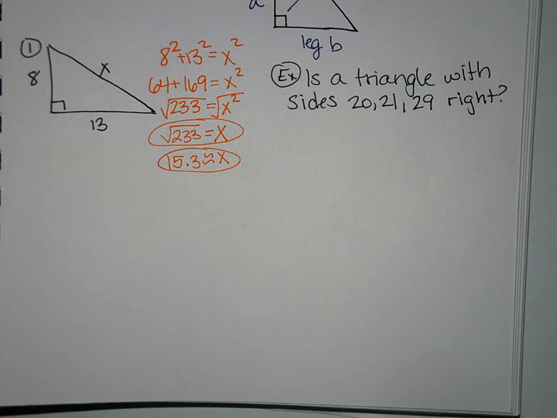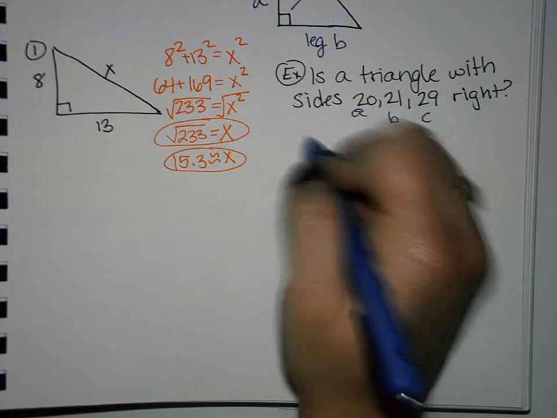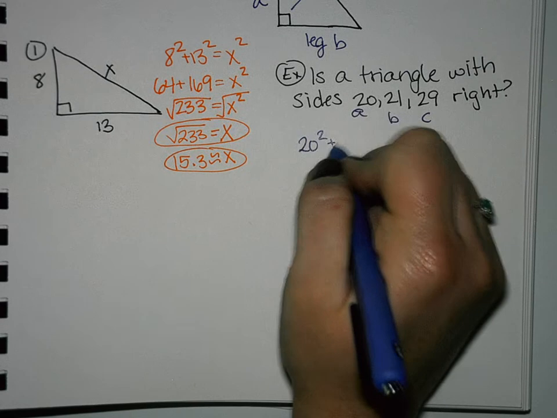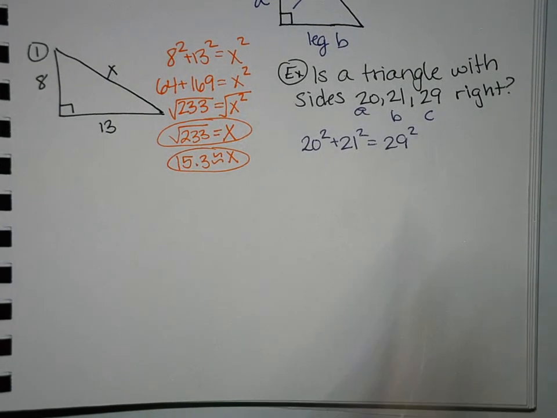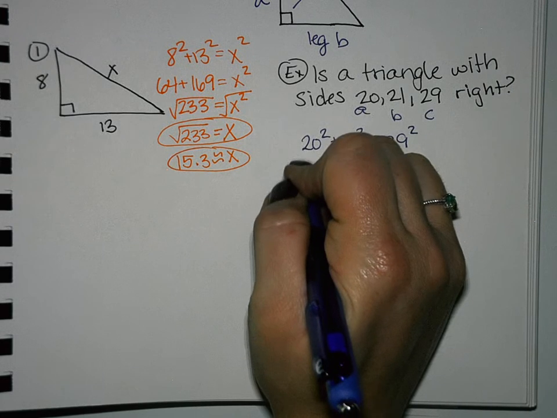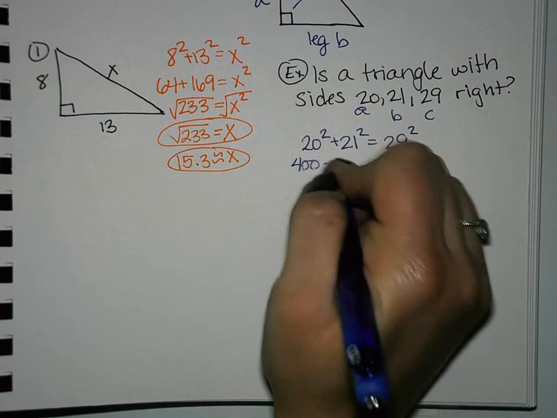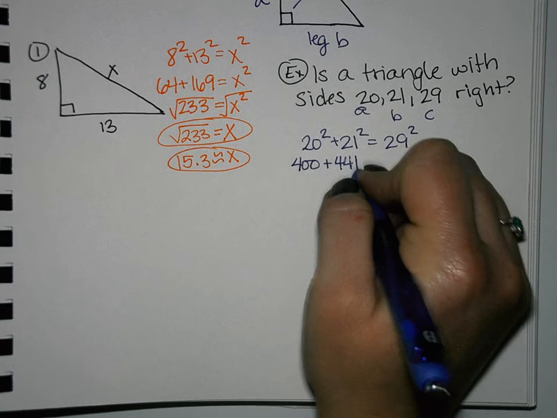29. What letter is that going to correspond to? C. So we're going to say A, B, C. 20 squared plus 21 squared equals 29 squared. We're going to test, is this true or not? Let's see, what's 20 squared? 400. What's 21 squared? 441.